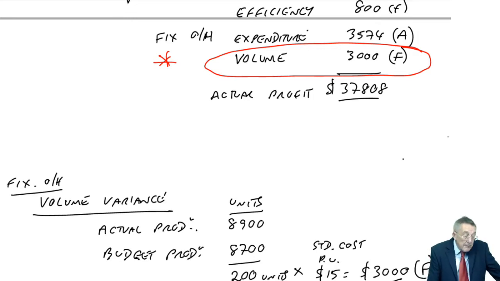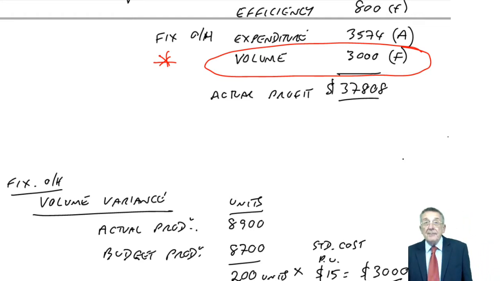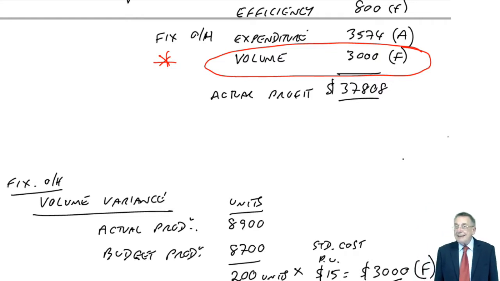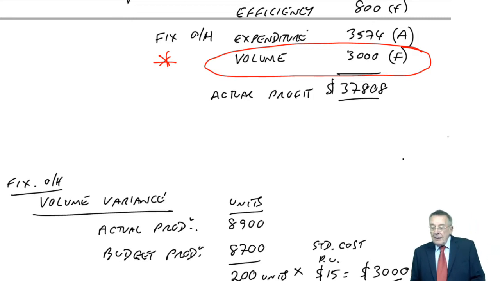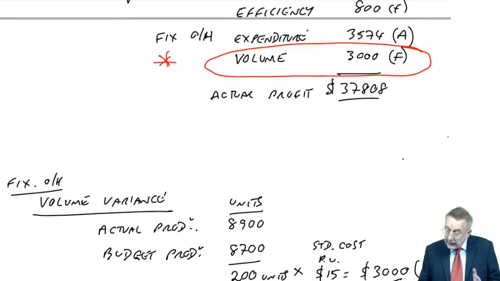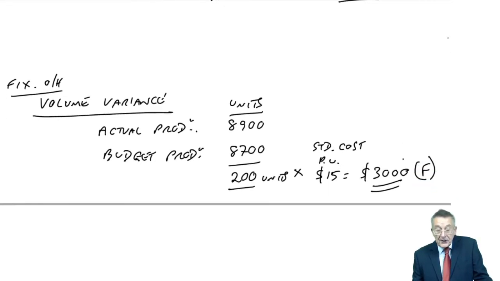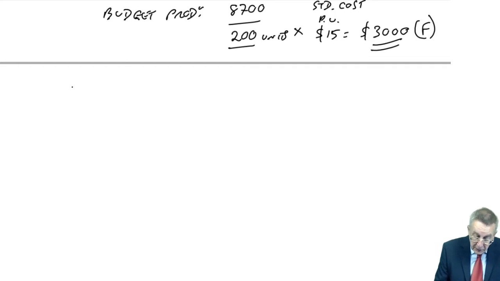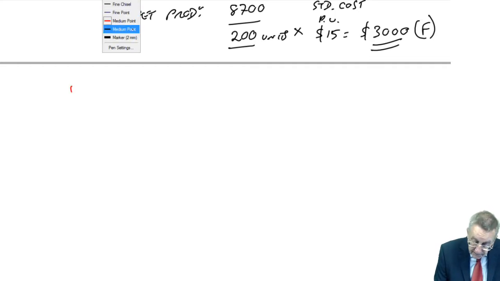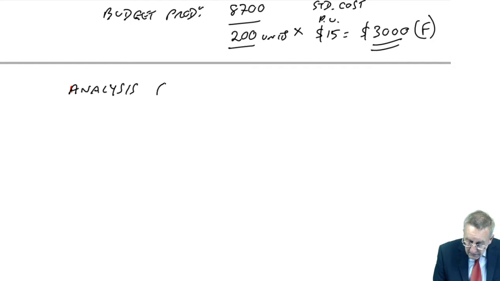If you get more workers, you can make more units. Or our workers worked faster. If our workers work faster, then in the same hours, we can make more units. The reason I'm saying that is, although I think it's, maybe I'm being unfair, a bit silly, you can be asked to analyse the volume variance. Analysis of the fixed overhead volume variance.